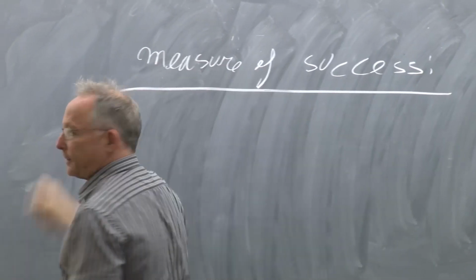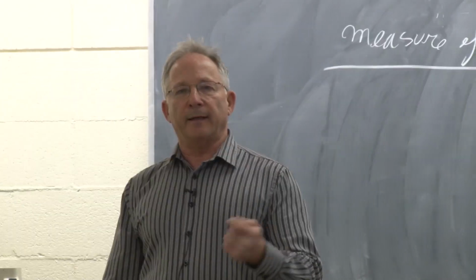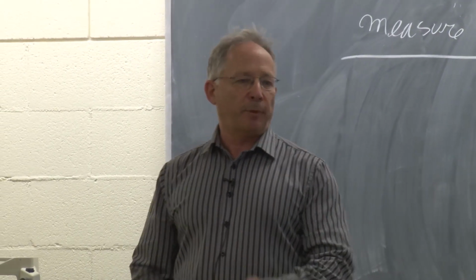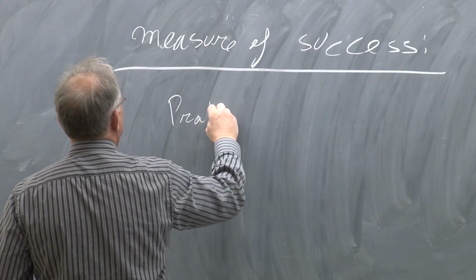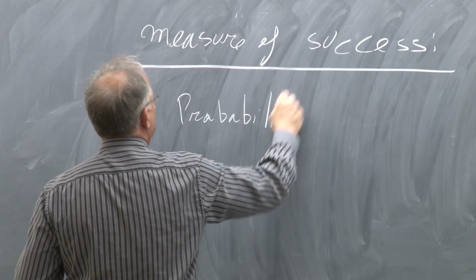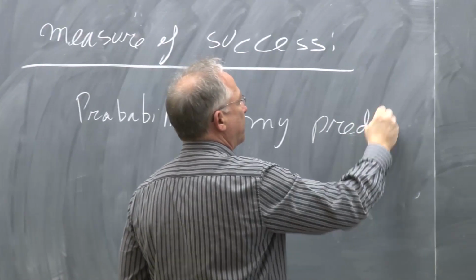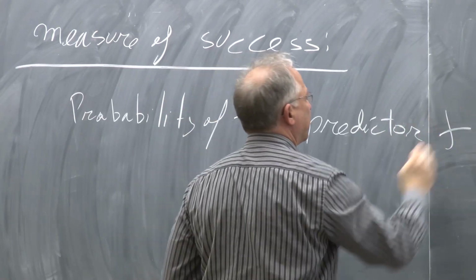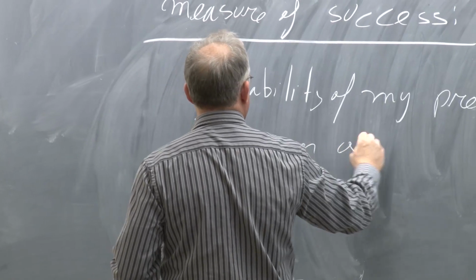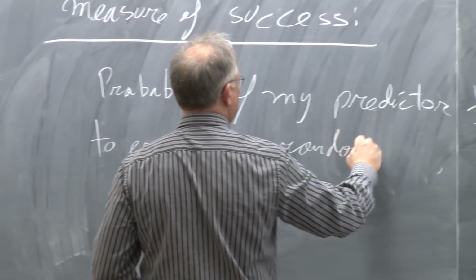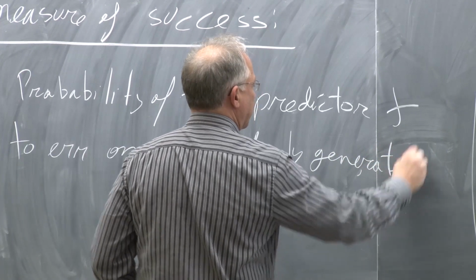And the measure of success that I'm going to use is the probability of making an error on a randomly generated papaya. So it is going to be the probability of my predictor f to err on a randomly generated papaya.